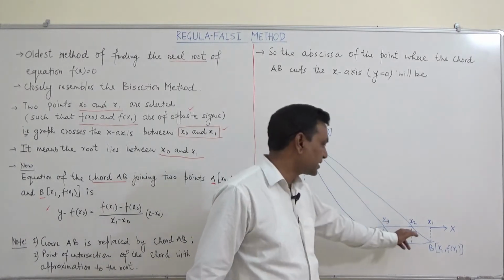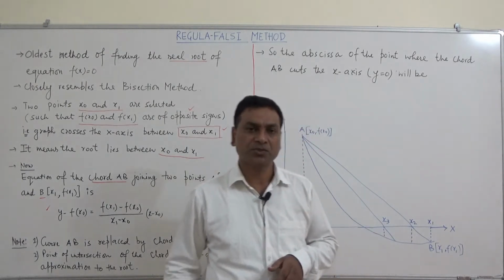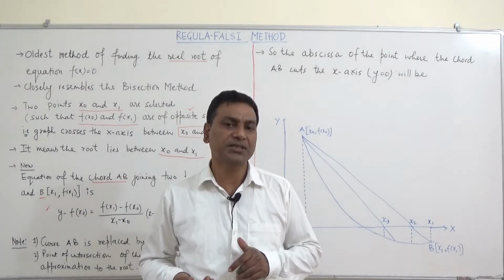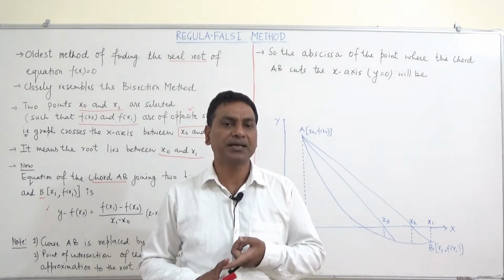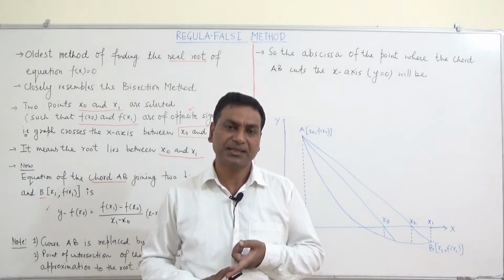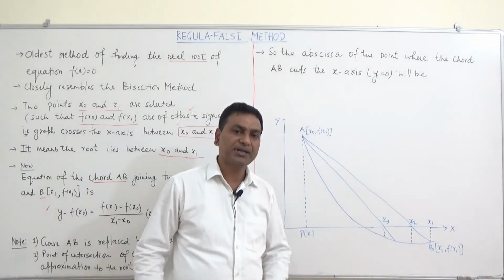This chord is intersecting the x-axis at this point, and this is x2. So this is our approximation. In this way we will proceed further. First we will find the approximation x2, then we will find x3 and so on, and ultimately we will reach the final solution.